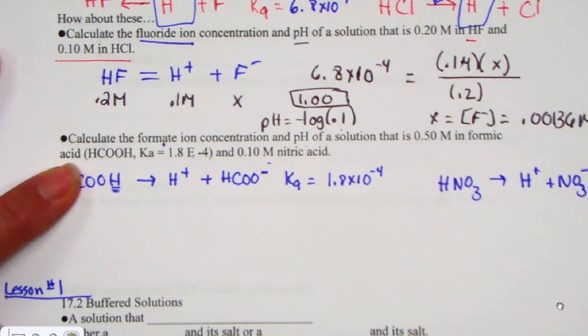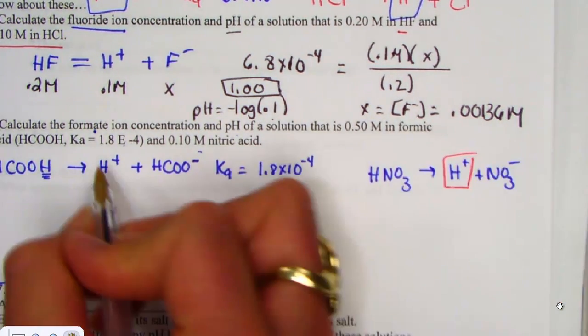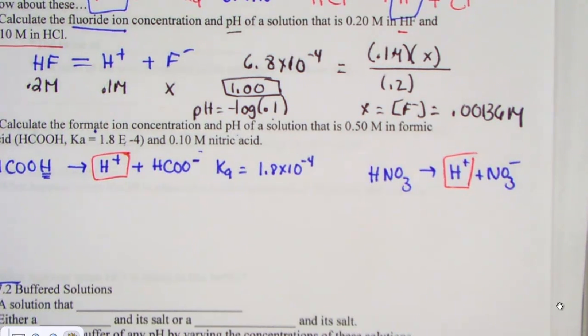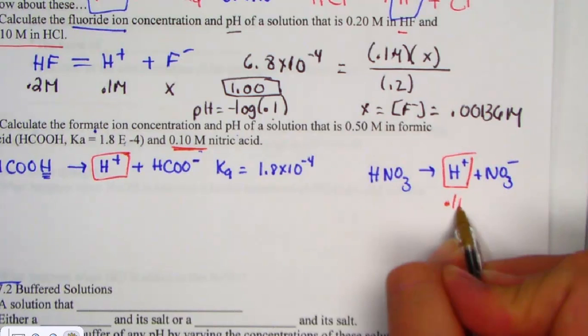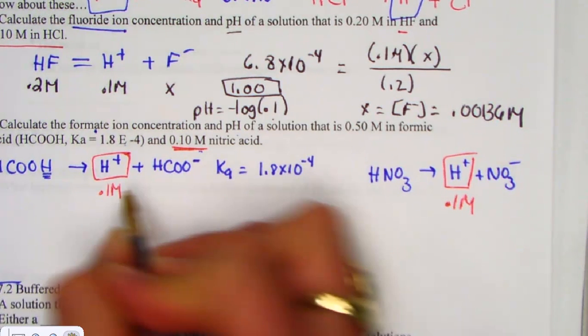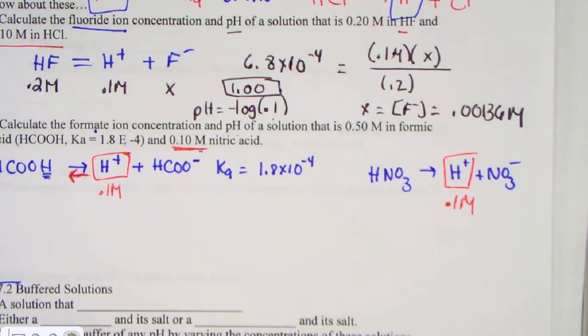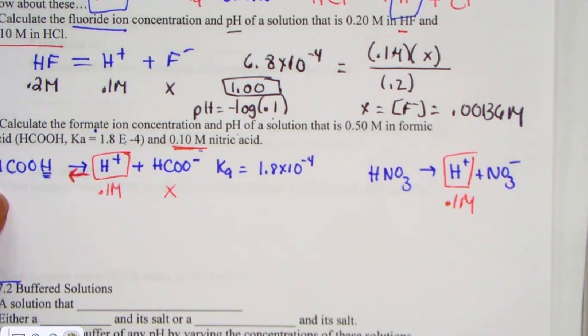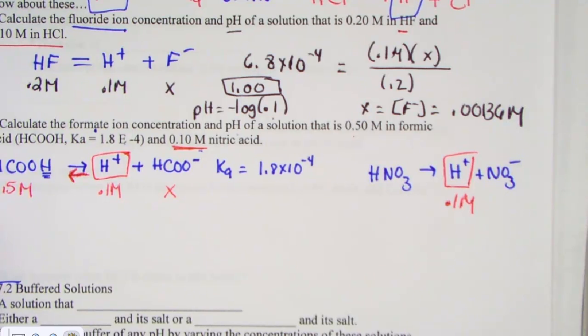The ion that these two equilibriums or these two reactions have in common is the hydrogen ion, the common ion effect. If nitric acid was 0.1 molar, that's the value I carry over to the equilibrium concentration, the ice chart here. We'll let formate be represented by X, and 0.5 molar, the concentration of formic acid.